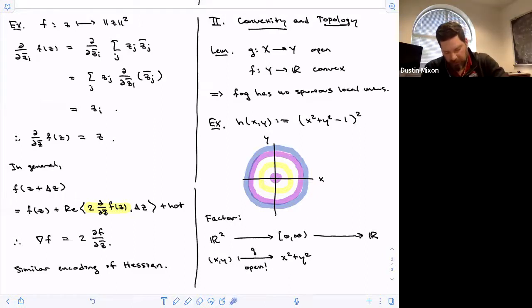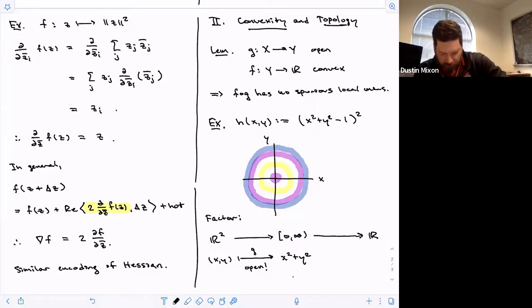Now, I have to be clear, I suppose. When I say open, I'm thinking of this as a topological space with the subspace topology from the real line. So if I take an open interval from the real line and I intersect it with the non-negative real line, maybe I'll end up with a set like this. This is an open set in this space. And accordingly, this is an open map. You can convince yourself of that.